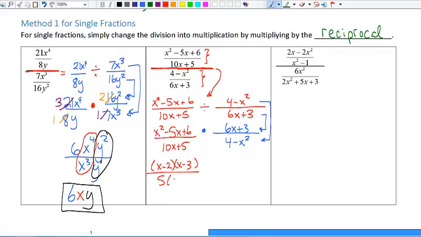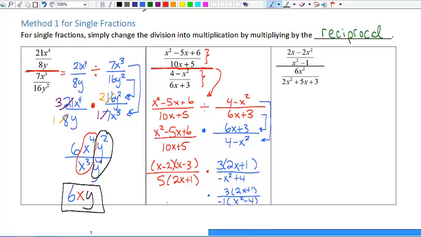GCF on the bottom. Over in the blue, it looks like I have a GCF in the numerator. And that one's out of order, isn't it? So I'm going to rearrange that to be negative x squared plus 4. Then I want to factor out a negative 1 to get x squared minus 4.